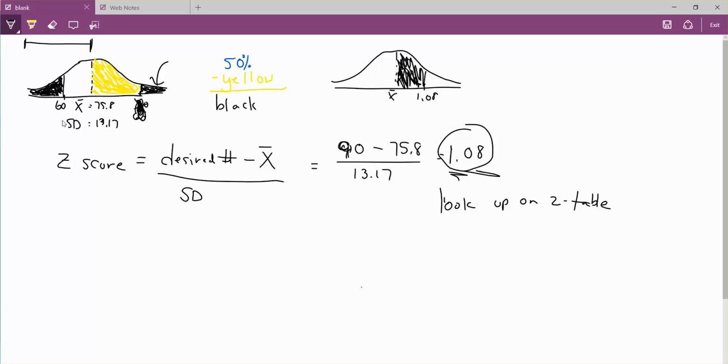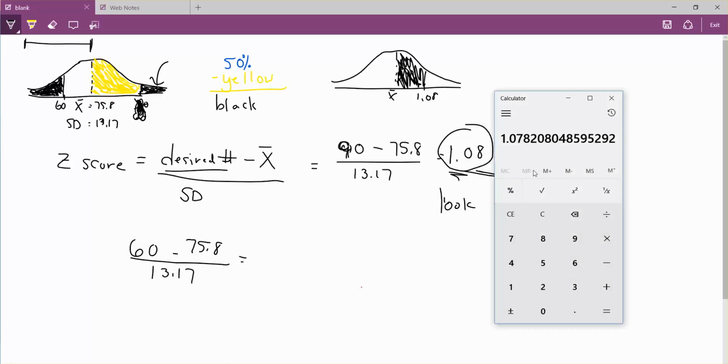But now, with a 60 as my desired number, I would go 60 minus 75.8, the mean, divided by 13.17, the standard deviation. So a quick calculation on that, 60 minus 75.8 divided by 13.17.